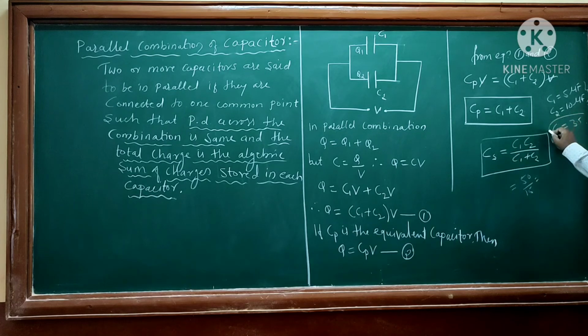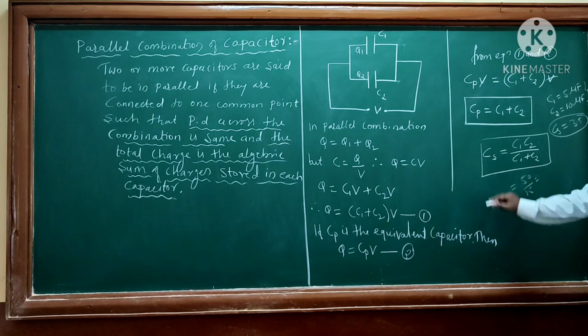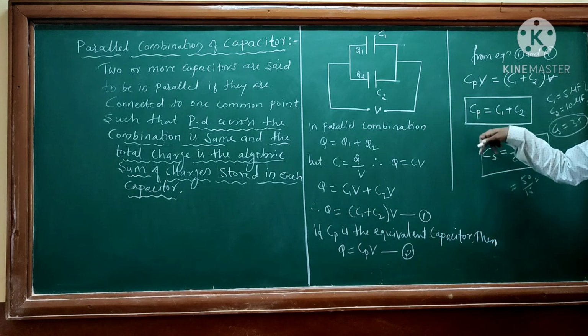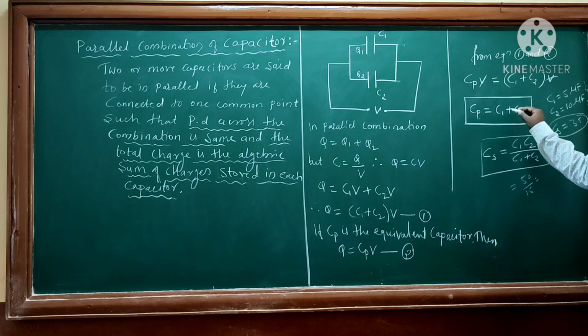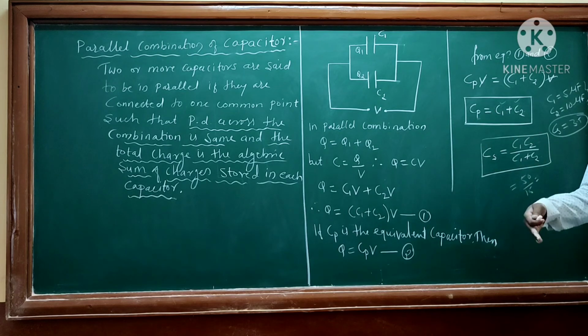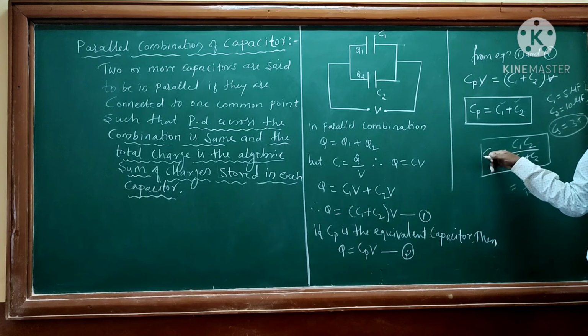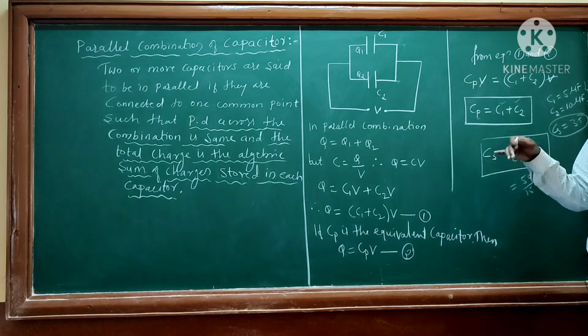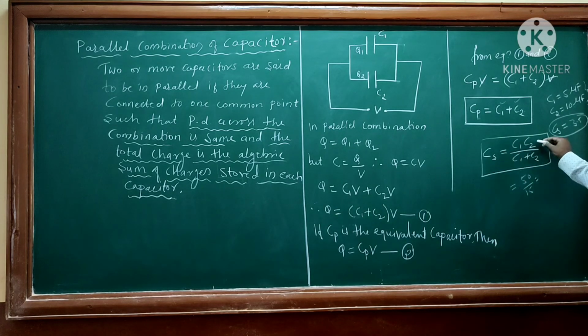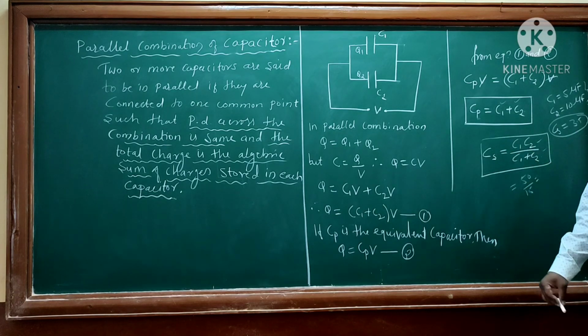So Cs is always less than the individual capacitances given, while Cp always has a greater value than that of the individual capacitances. Effective capacitance in parallel combination always has a higher value than the individual values given, and effective capacitance in series always has a lesser value than the given individual values.